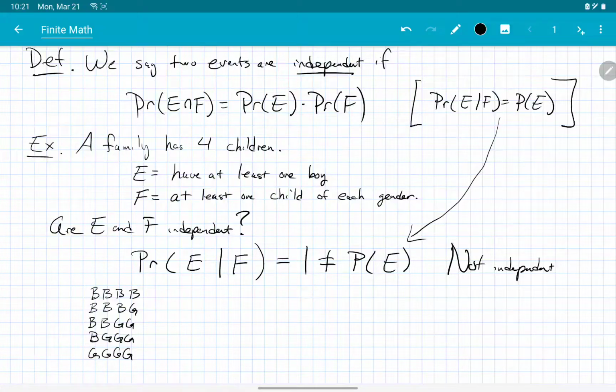Those are the possibilities when you have 4 children for the distribution. We don't actually care about birth order here. That's not what we're asking about. And so each of these has likelihood 1/5.